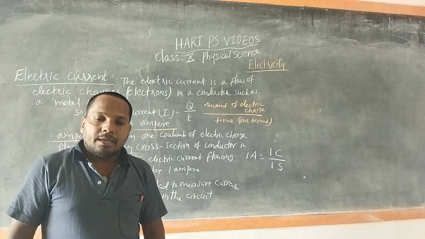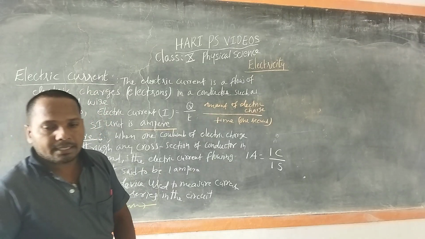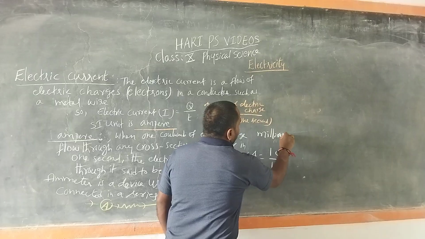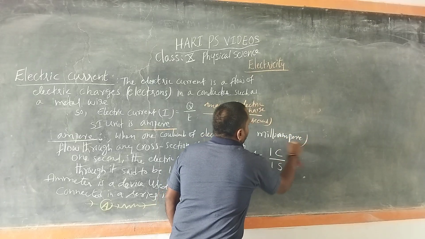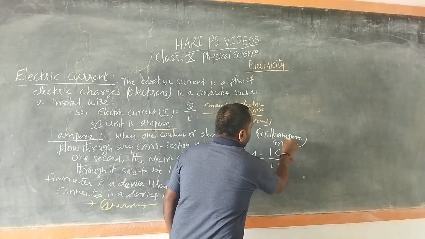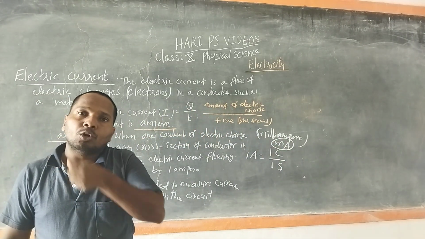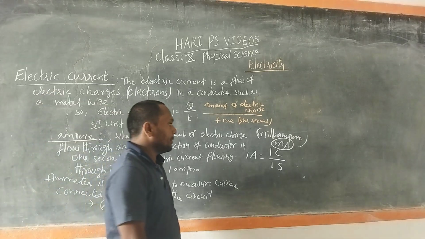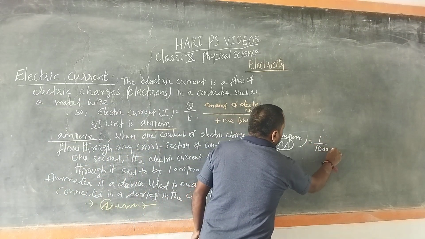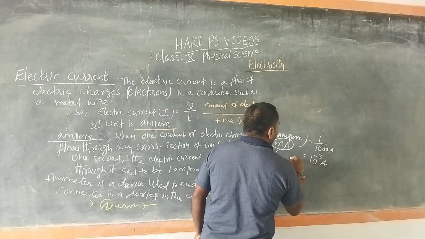Sometimes a smaller unit of current is used, that is the milliampere, written as small m, capital A. 1 milliampere is equal to 1 by 1000 amperes, that is, 10 power minus 3 ampere.